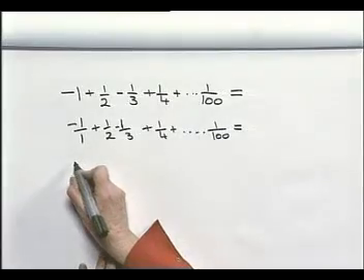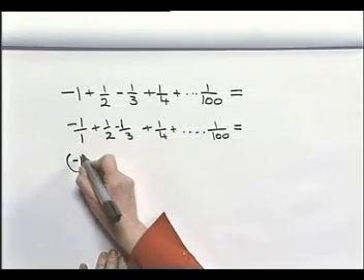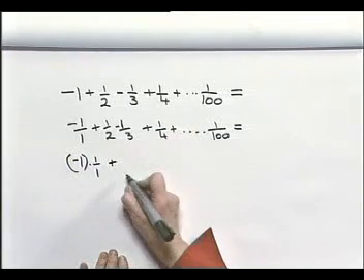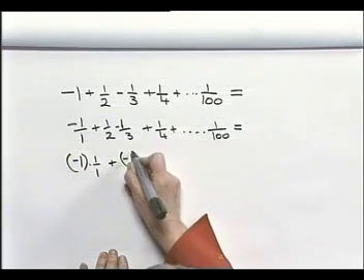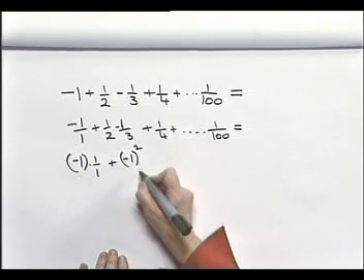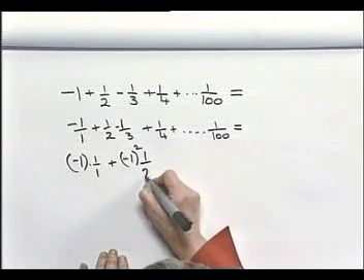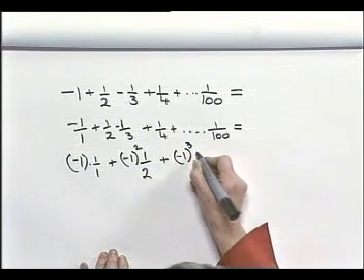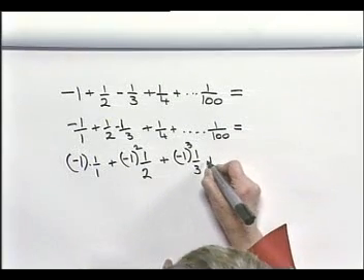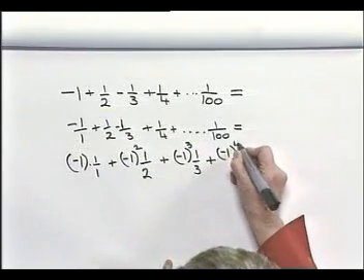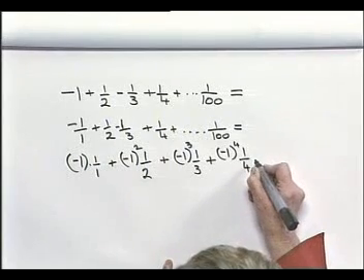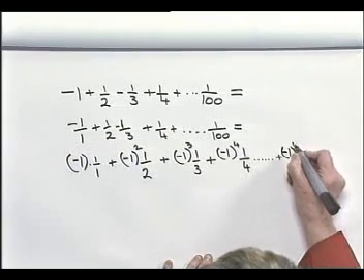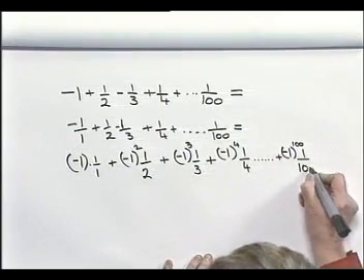So if I rewrite this as -1 times by 1 over 1 plus -1 to the power of 2, 1 over 2, plus -1 to the power of 3, 1 over 3, plus -1 to the power of 4, 1 over 4, down to plus -1 to the 100, 1 over 100.